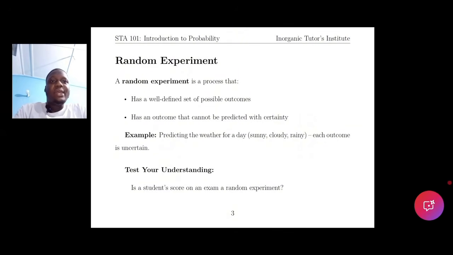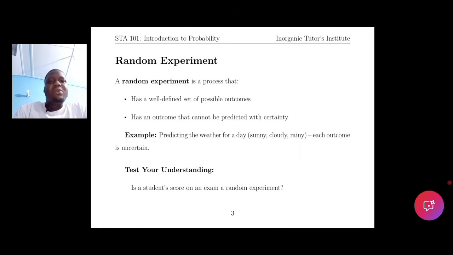No. In probability, experiment means any activity that results in one or more outcomes. So if you perform any activity and that activity has the potential of producing an outcome or a result, then we say that activity is an experiment.